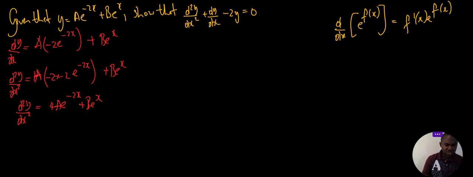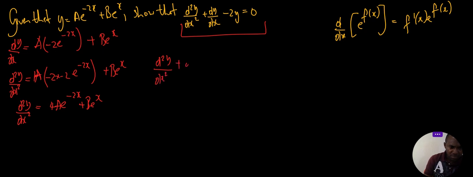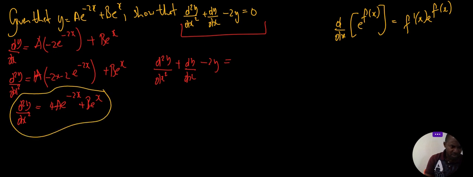And of course we can check this equation now. We can substitute the values into that equation and see if it's actually equal to 0. So we can say that d2y by dx squared plus dy by dx minus 2y equals, so d2y by dx squared is this right here. dy by dx is of course this, where we can actually just put minus 2a in front there, and of course that is our y.